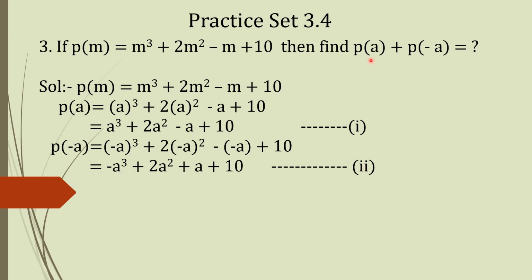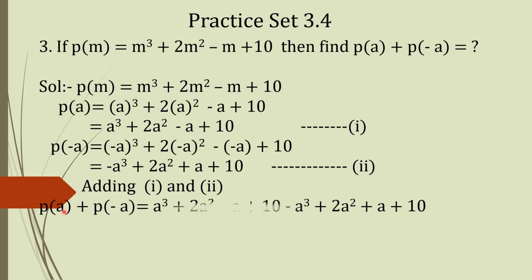Now what we have to do? We have to find the value of p of a plus p of minus a. So we'll add both equation 1 and 2. So adding equations 1 and 2, you'll get p of a plus p of minus a equals a cube plus 2a square minus a plus 10, minus a cube plus 2a square plus a plus 10.